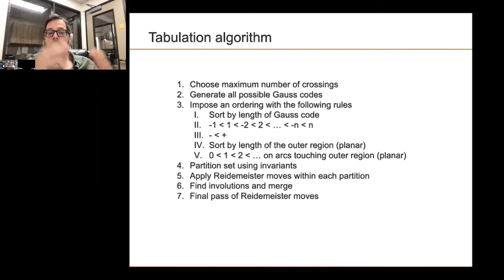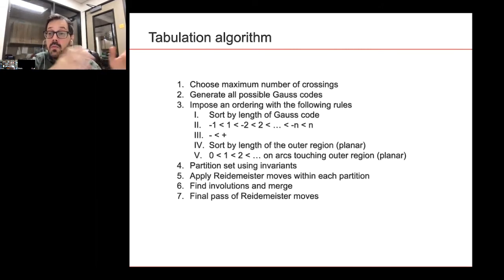Anyway, we get a partition for each equivalence class, and then within this equivalence class, we try to apply Reidemeister moves to connect all the parts. If we connect all of them with Reidemeister moves, it means that all of them are isotopic, and this is actually an equivalence class, not an equivalence class in quotes.